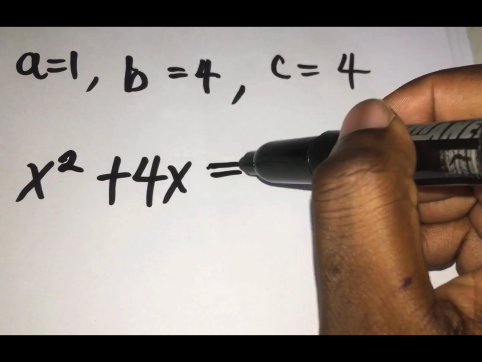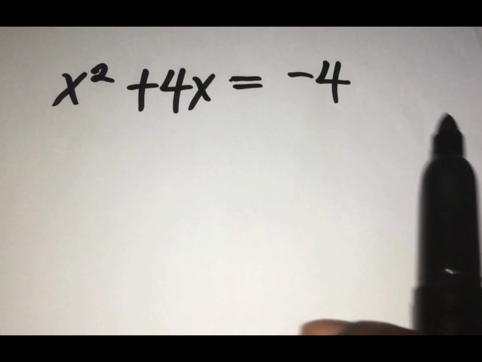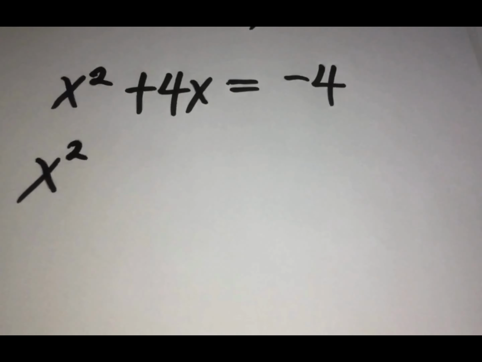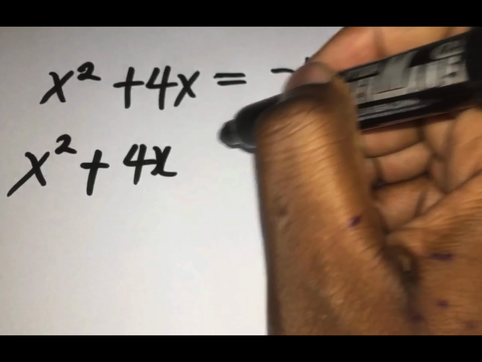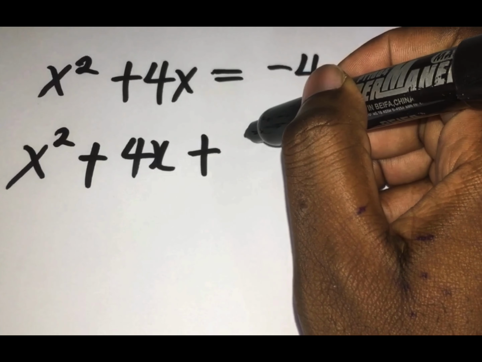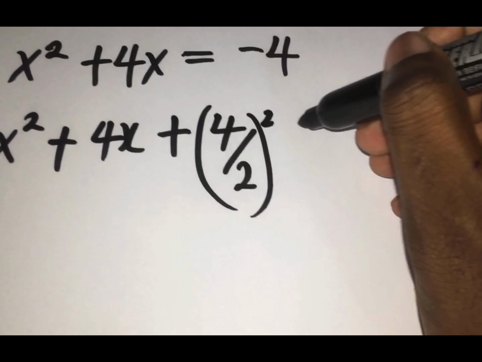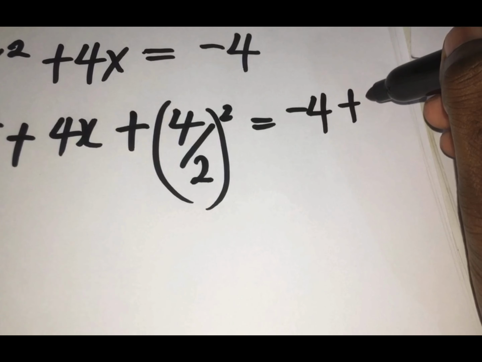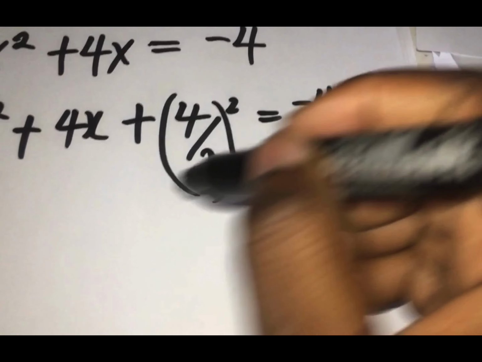The 4 will cross the equal sign, becomes negative 4. Then we're going to add b over 2 squared to both sides. So 4x plus b over 2, that's 4 over 2 squared, and on the other side, negative 4 plus b over 2, 4 over 2 squared.